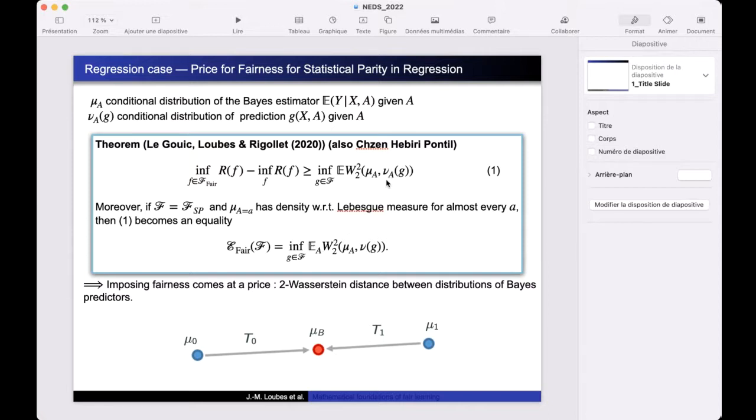So mu G here does not depend on A to enforce statistical parity.